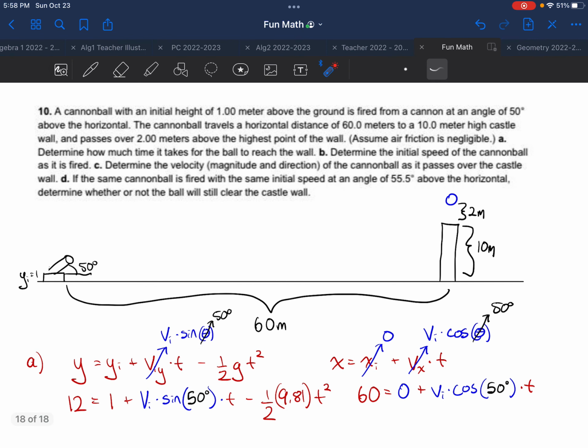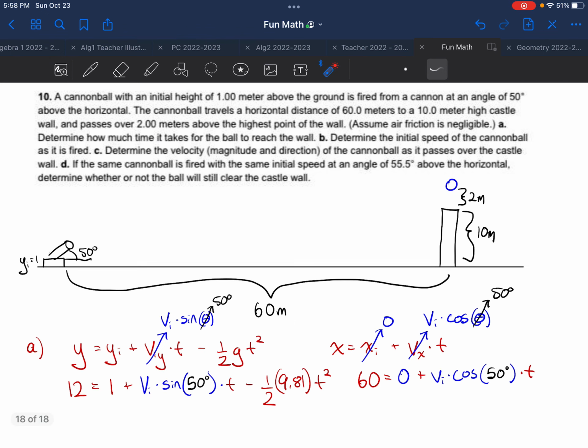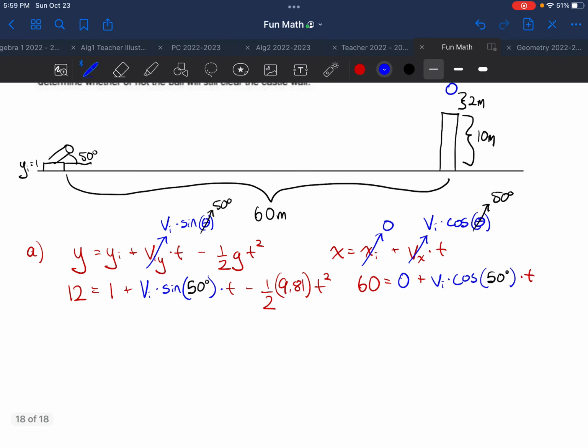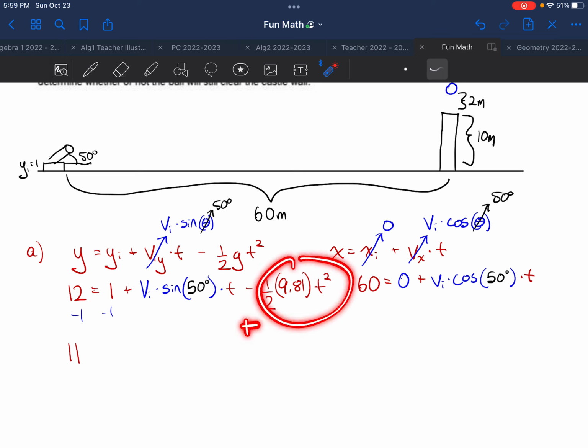And because part A is asking for how much time, let's go ahead and eliminate the VI variable, and we'll solve for time. So I'm going to solve this for VI, and then set them equal to each other. If I'm solving for VI, I apologize for going fast here, I'm going to subtract the 1 on both sides. That gives me 11, and I'm going to add this whole term to both sides.